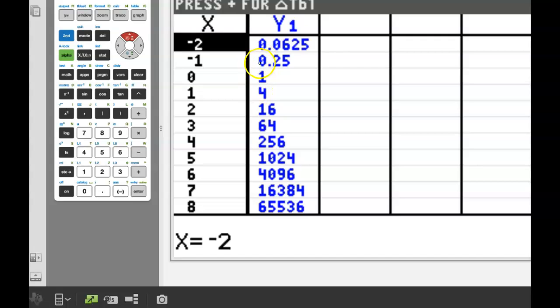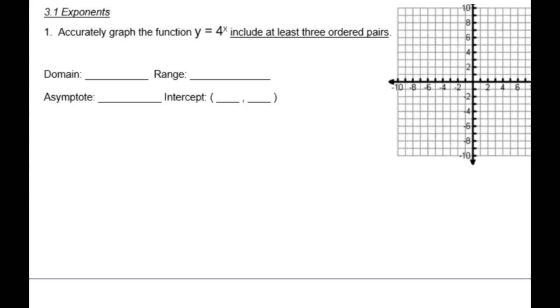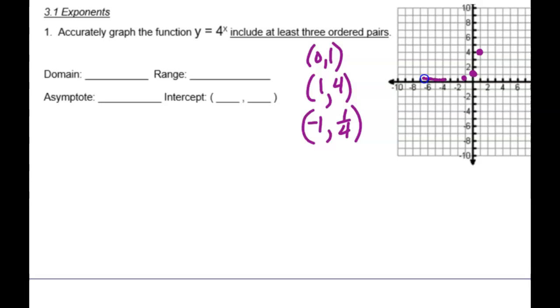You're going to have to label a decimal one to be able to fit 3 on this graph, but exponential growth should always go through 0, 1. If you put in a 1, 4 to the first power would be 4, so it should go through 1, 4. And then if you put in a negative 1, you get 4 to the negative 1, or 1/4. Since I can't really fit any other nice ordered pairs on there, I'll write that.